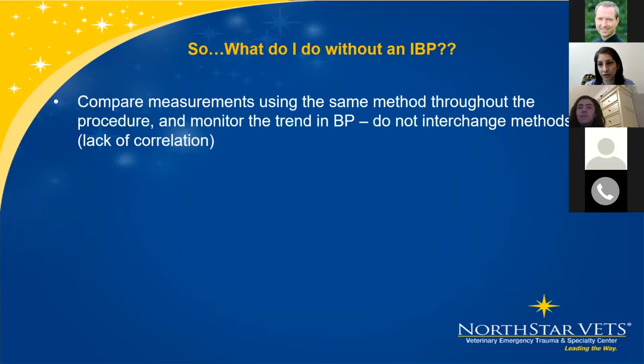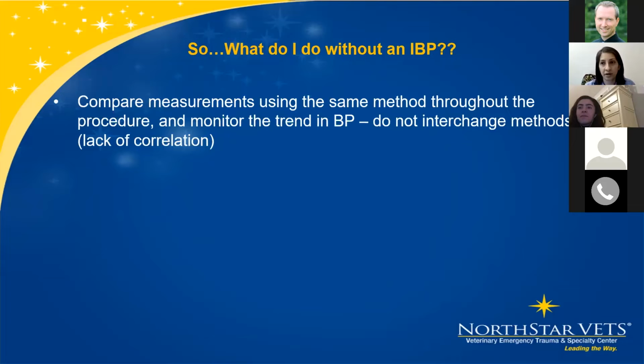So if you start with a Doppler, it's probably best to stick with that. Unless, of course, the exception being that your monitor just goes away, you just lose everything and you need to then switch methods to be able to measure something.